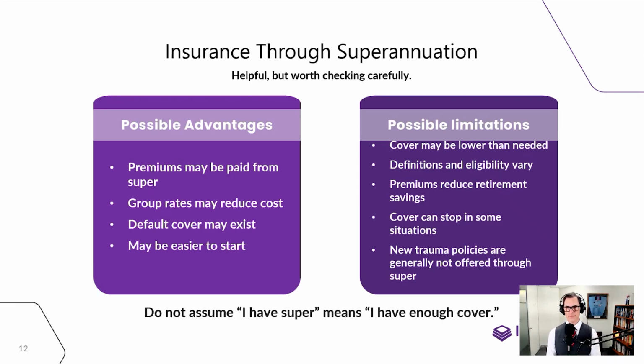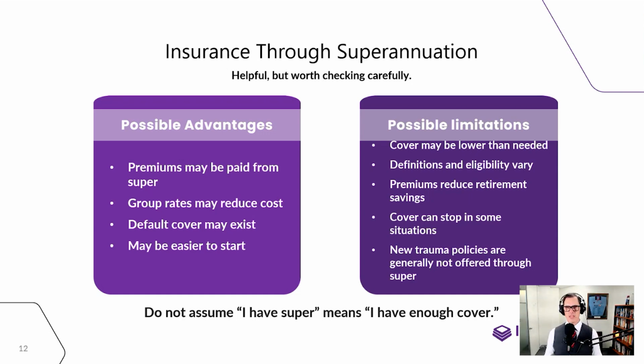Generally, that's going to be your life cover, TPD, and sometimes income protection. The super account will pay the premiums, so the individual doesn't have that out of their own pocket. In some cases, like with industry funds, they have what's called a group insurance policy, and the rates can be lower, and they have default covers.